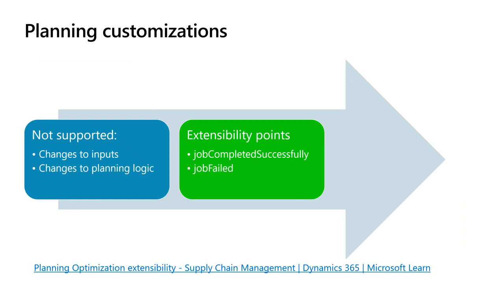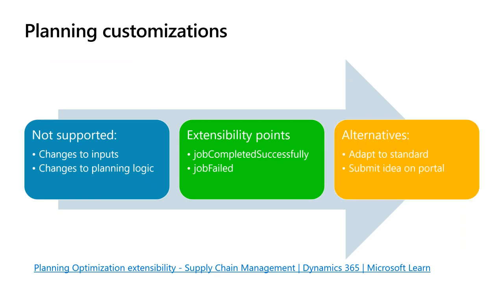So if you have customizations in classic master planning today, your options are to move them to the extensibility points as a post-processing job, to remove the customization and adapt to standard, or you can also take the design or the idea and submit an idea on the portal, and it could potentially be uptaken as part of the standard planning service. So those are the options for customizations with planning optimization.